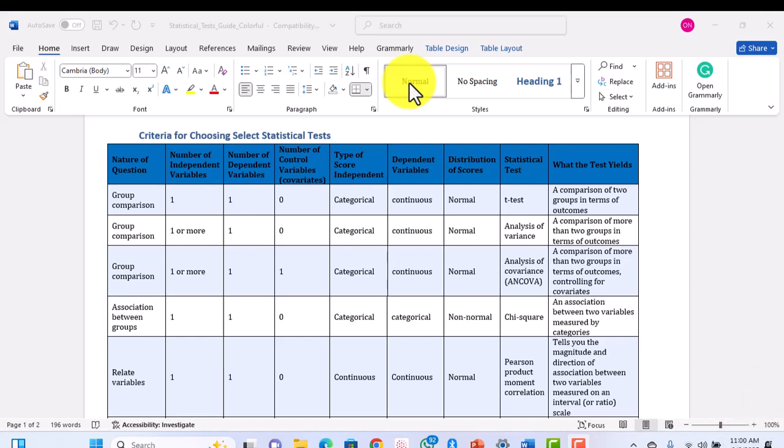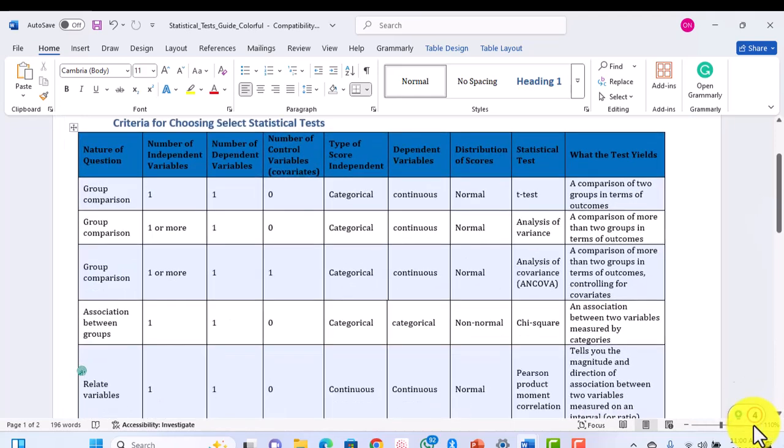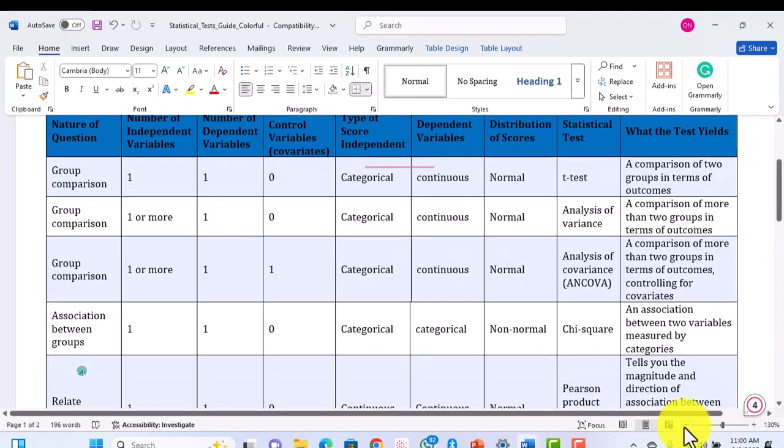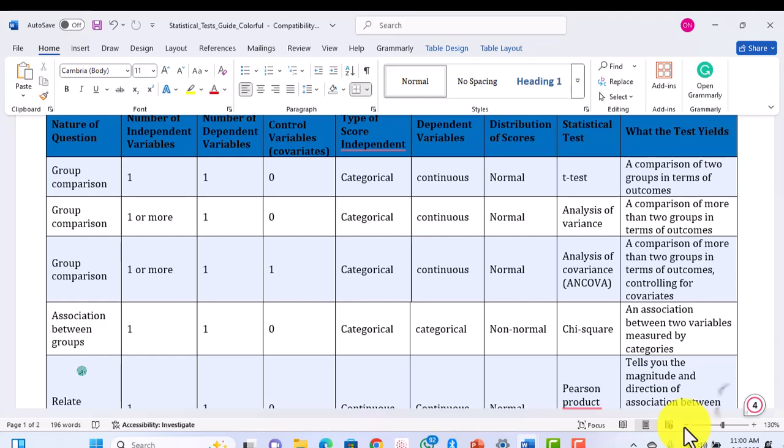You can see the first one in the video that I'm sharing with you talks about group comparison, and within the group comparison we basically have when the number of independent variable is 1.